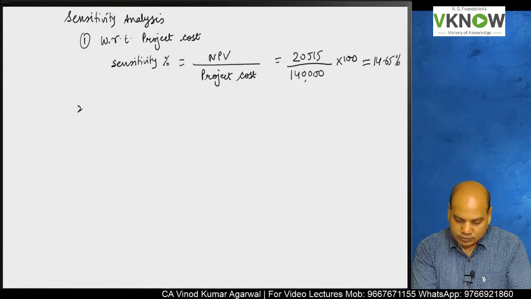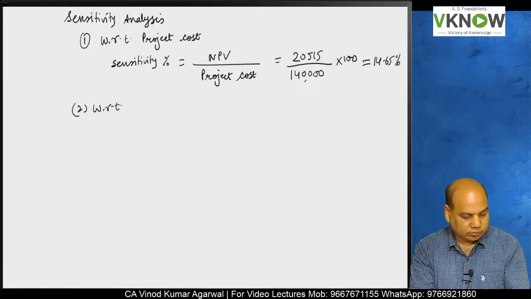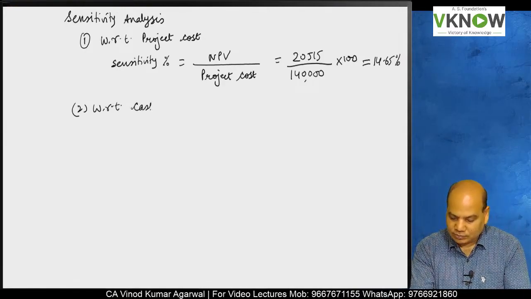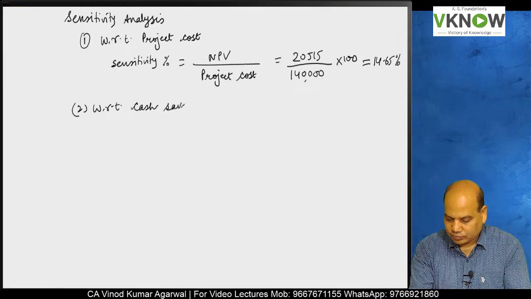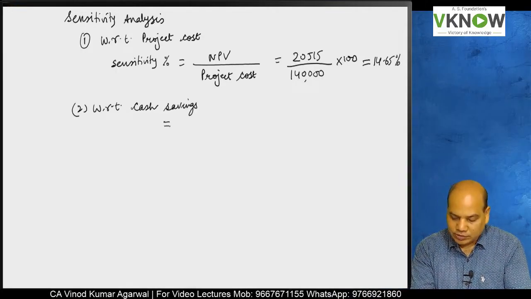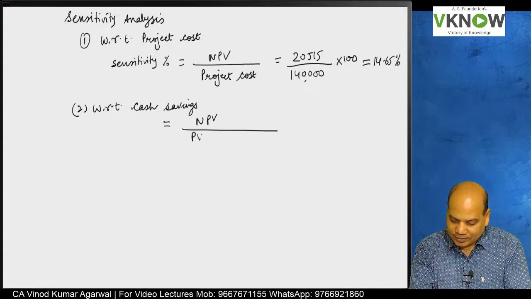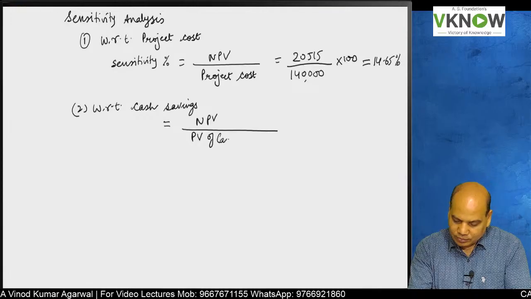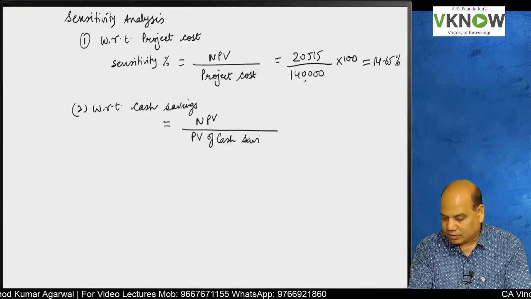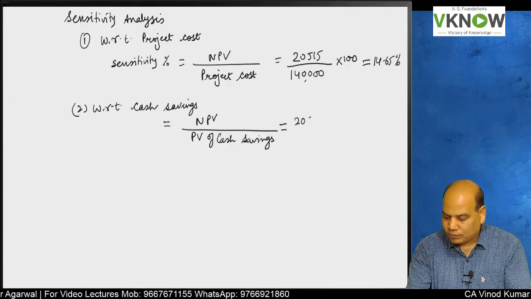Yes. Now write down with respect to cash saving. With respect to cash saving, NPV divided by present value of cash savings. NPV is 20515.